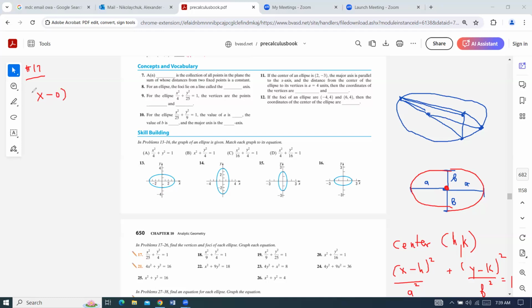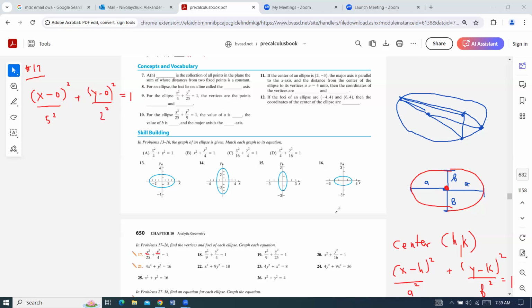And what I can do is notice that my X and Y, they are clean with squares, so I can write them as minus zeros, because the center in this case will be the origin, or the point with coordinates 0 and 0. And then instead of 25, I can put 5 squared, and instead of number 4, I'll put 2 squared.